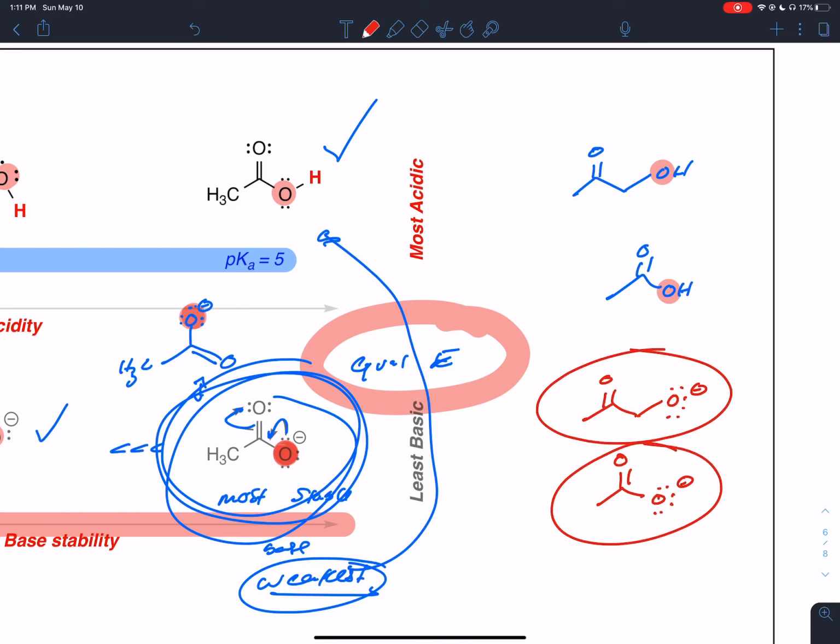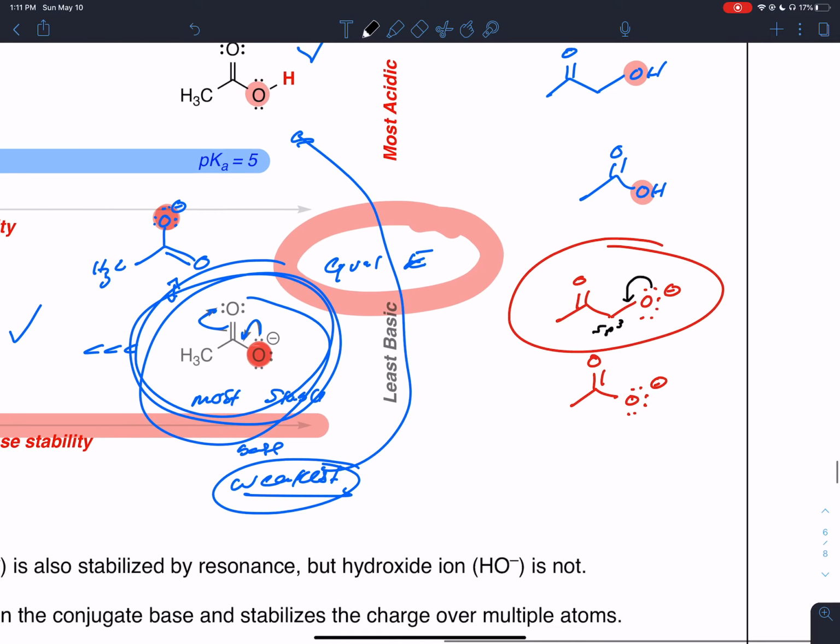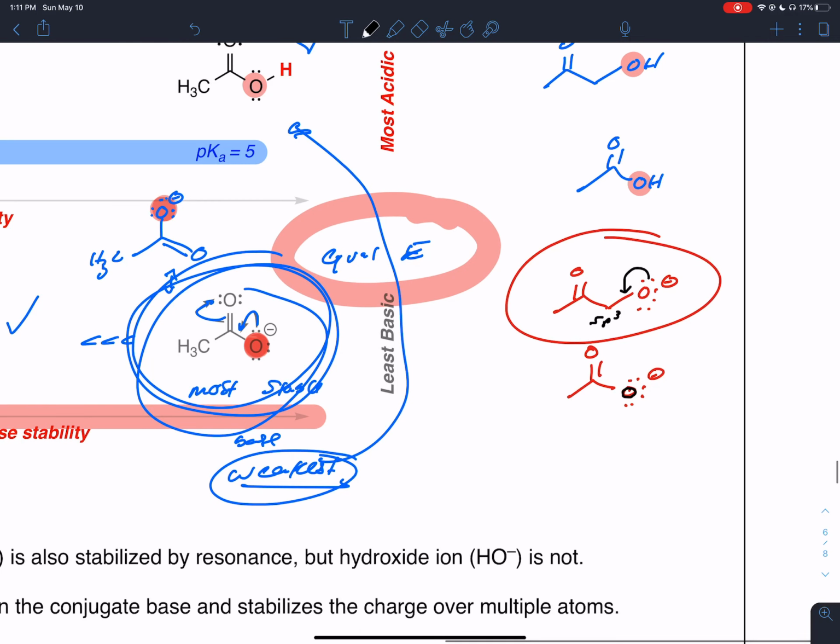In this structure, there is resonance of the negative charge away from where it originates. Why there is no resonance in this first example is we cannot delocalize the negative charge towards an sp3 hybridized atom. That does not work. There's no p orbital on that atom to help us delocalize that charge. However, in this case, the oxygen atom is directly bonded to the pi system, and therefore we can delocalize.